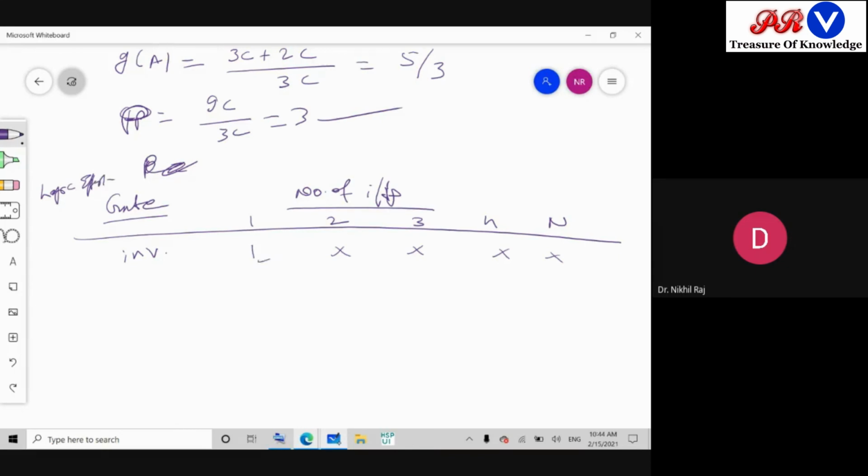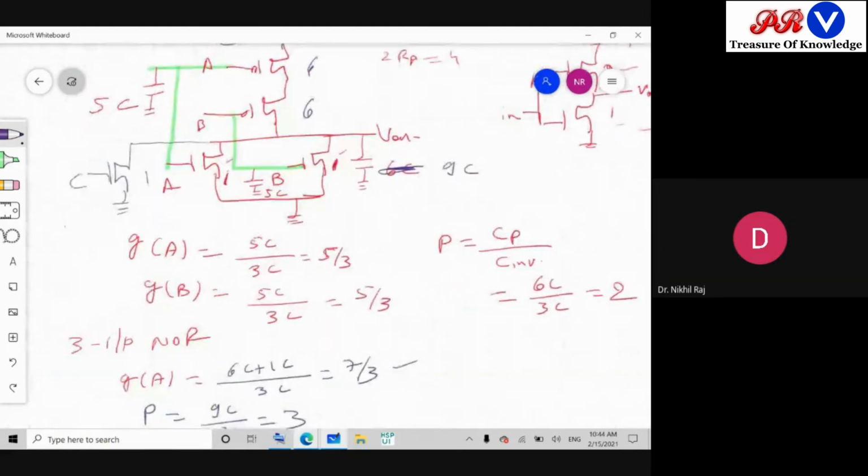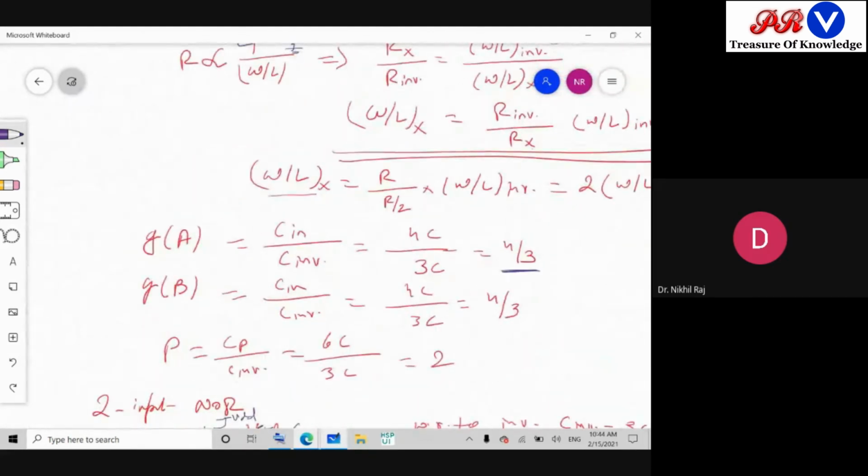If I say the logical effort of the NAND gate, single input is not possible because a minimum of 2 inputs are required. So for 2 inputs, what was the logical effort of the NAND gate? We have done it earlier. Look here, it was 4 by 3.